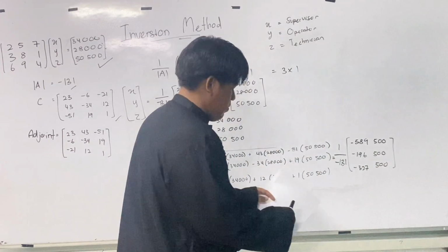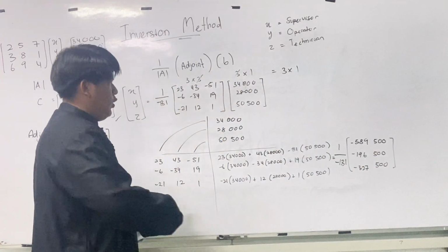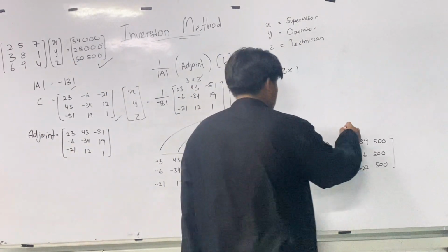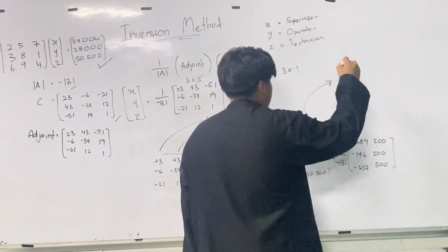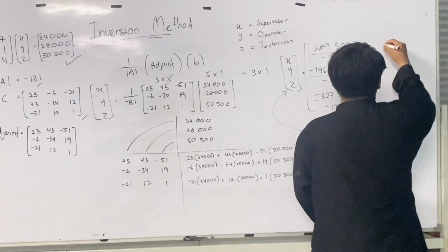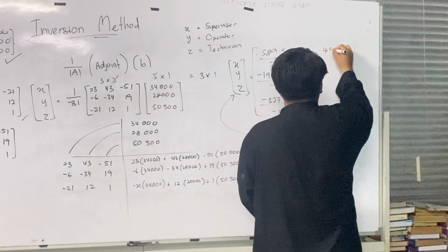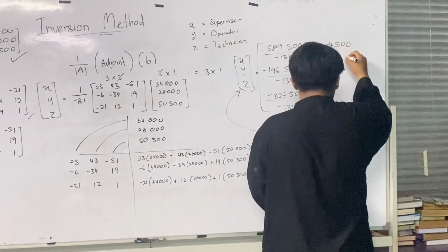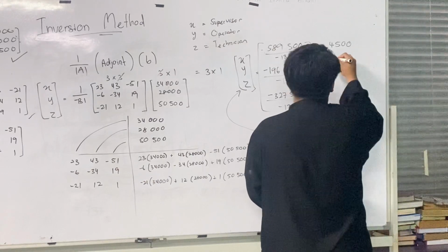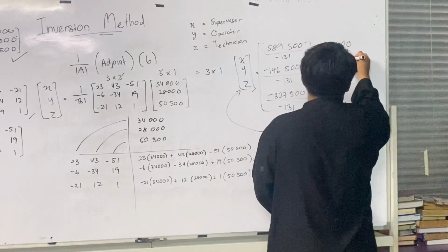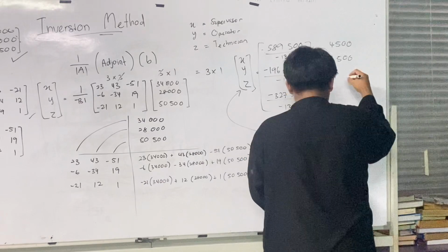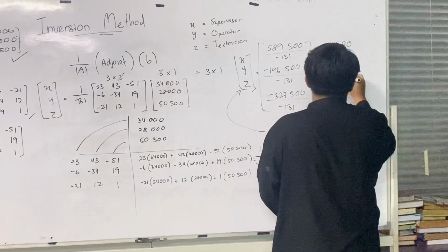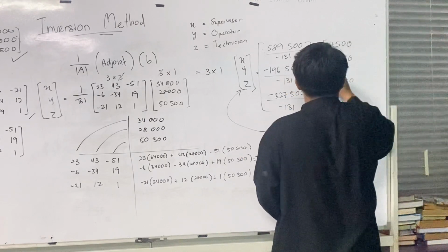So next we will multiply with the determinant. So we get 4,500 for X, and then 1,500 for Y, and 2,500 for Z.